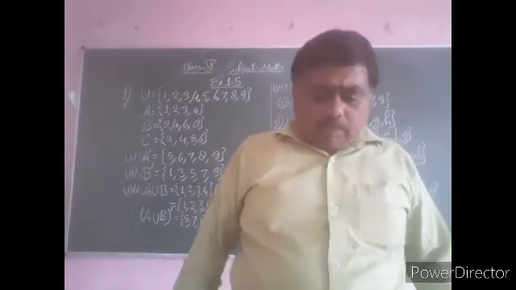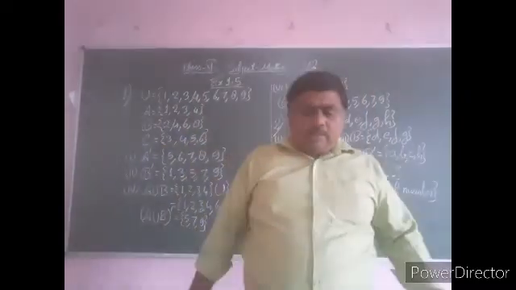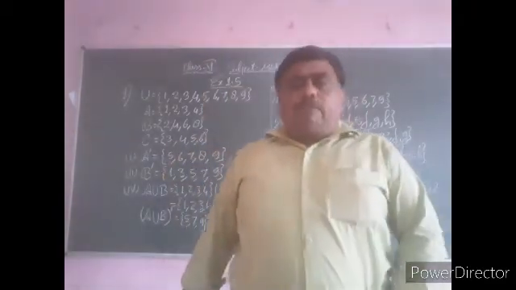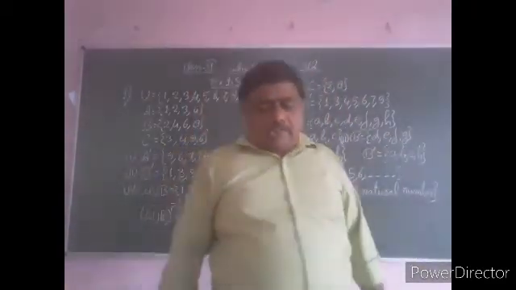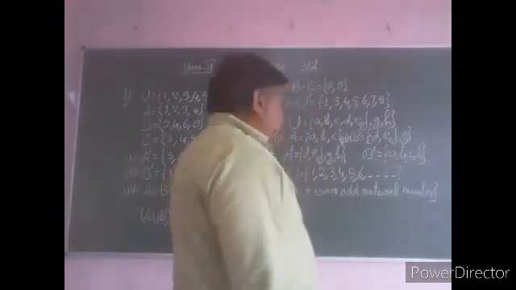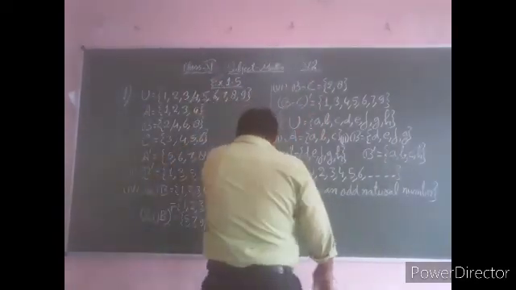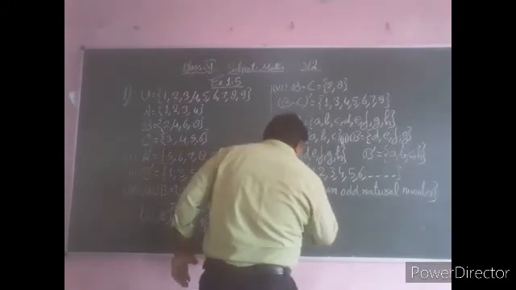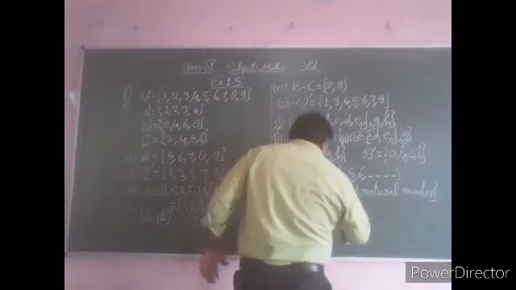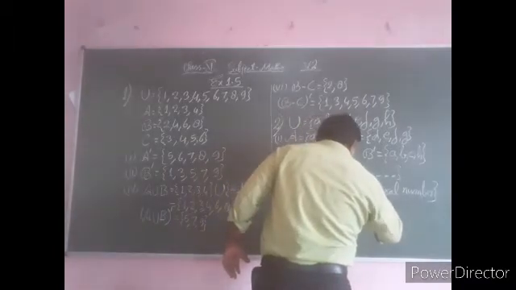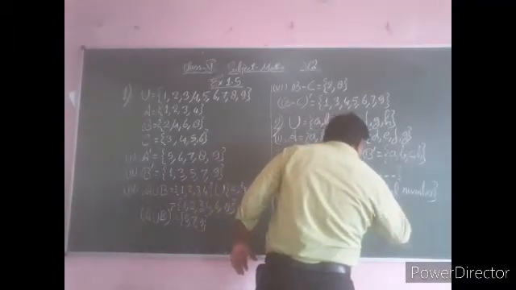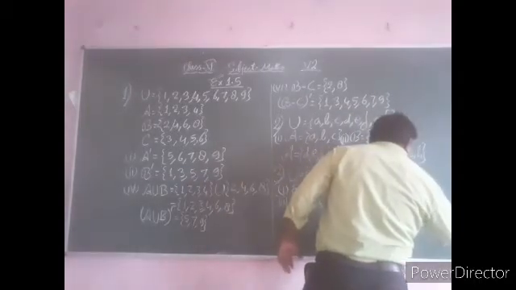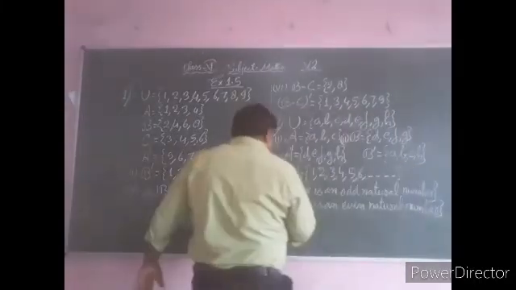Now second one, {x such that x is an odd natural number}, then the complement of this will be {x such that x is an even natural number}.